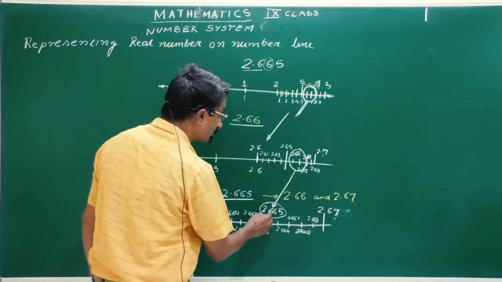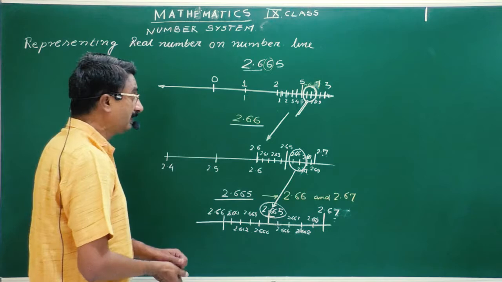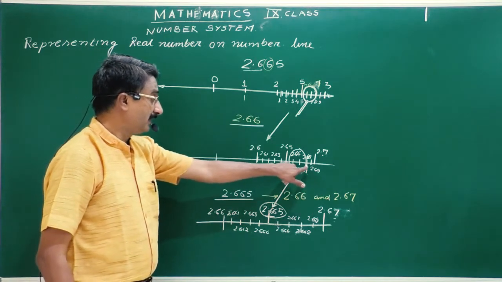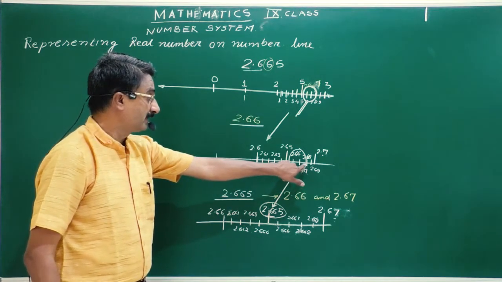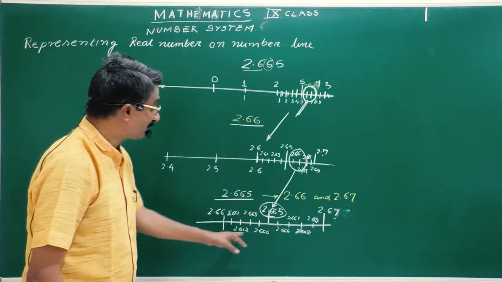So this is 2.665, which is represented here. What we are doing is splitting and magnifying these numbers, splitting into 10 parts, and then marking like this.